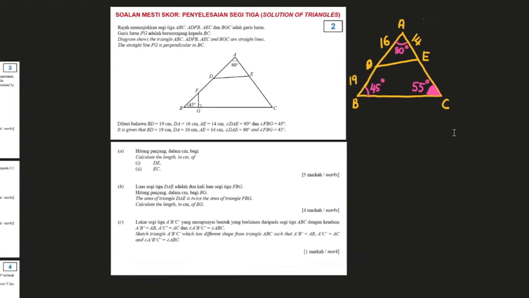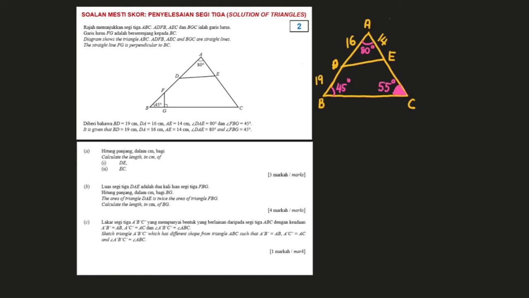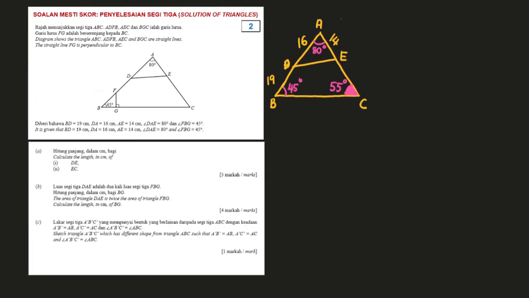Now let's look at question A. We are supposed to calculate the length in centimeter for DE. Where is DE? DE is over here, this line DE. So now I'm going to make it into a smaller triangle, D to E, and focus on this triangle to see whether I can solve this now.